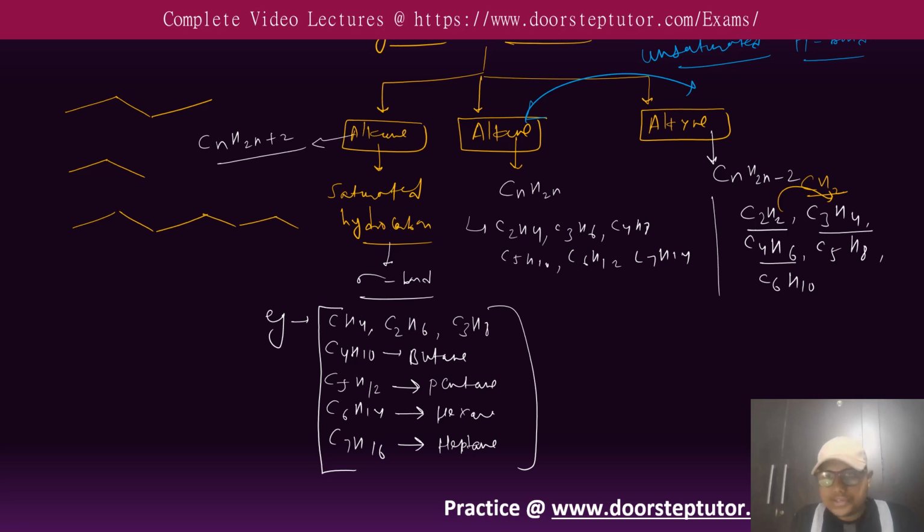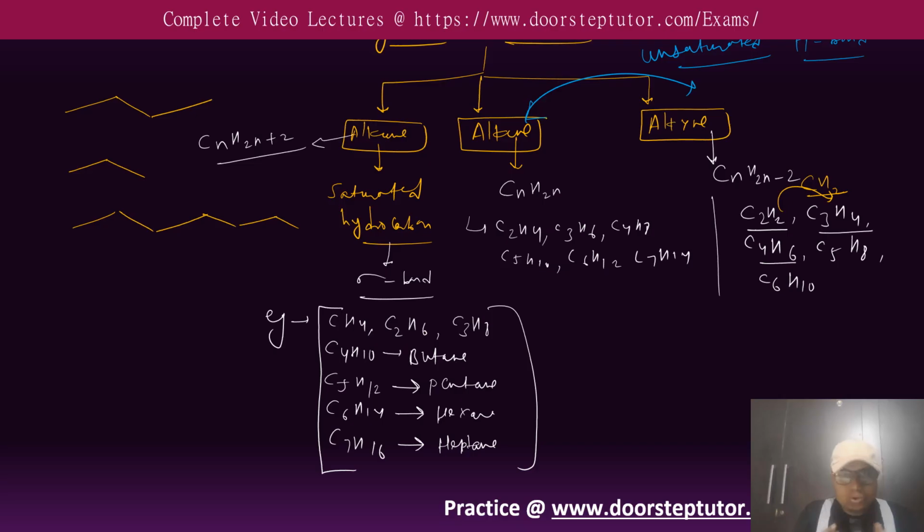For the next alkyne, you add CH2 and it becomes C3H4. For the next alkyne, it becomes C4, and the hydrogens were 4, so you add 2 hydrogens and it becomes C4H6. This is how you can make the alkyne formula.